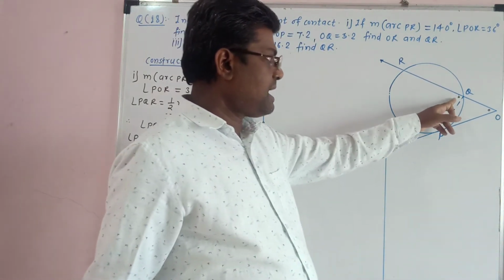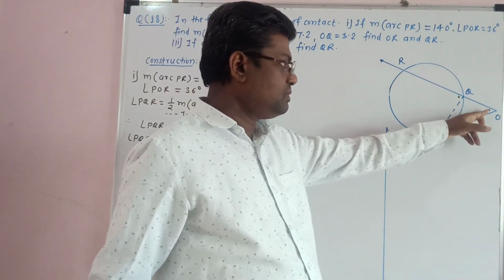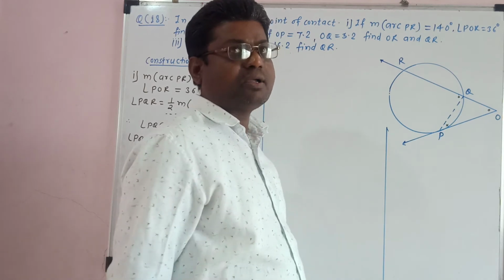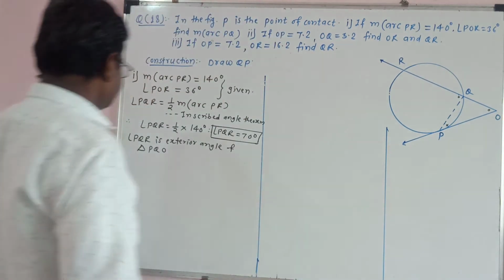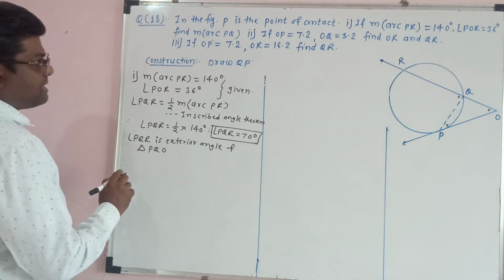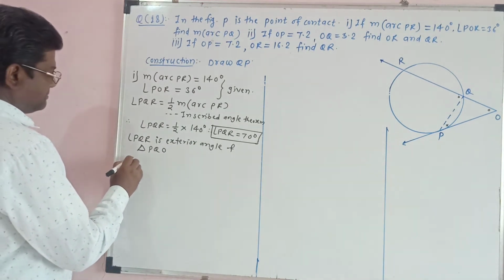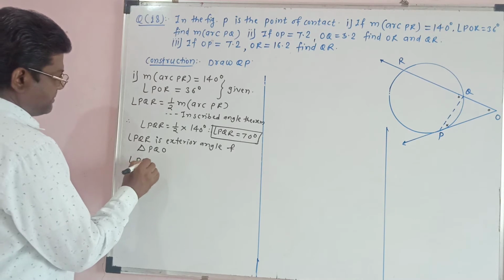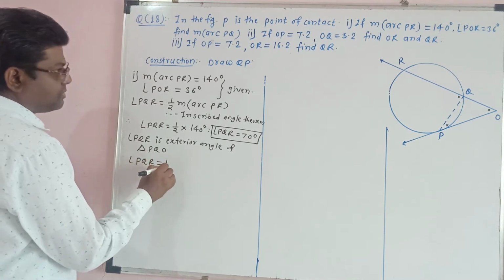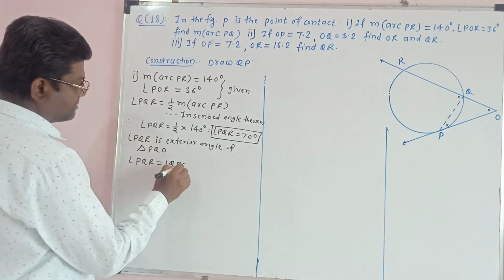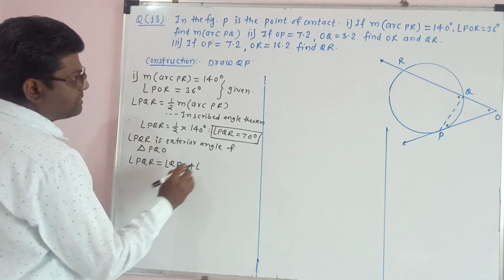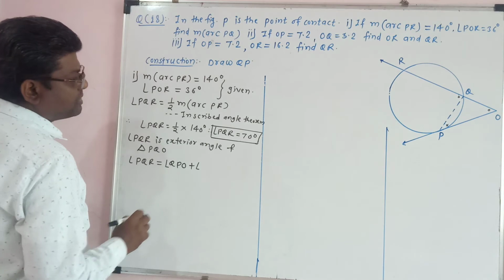Therefore, we write angle PQR is equal to angle QPO plus angle POQ.